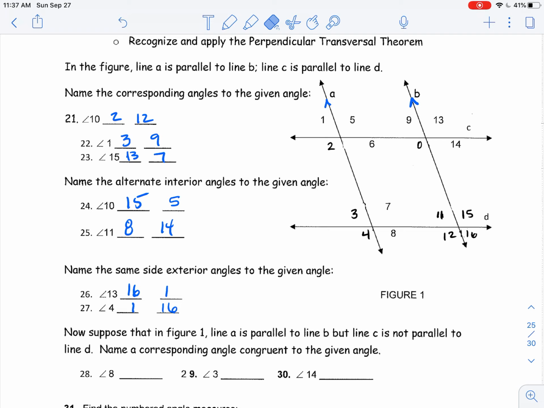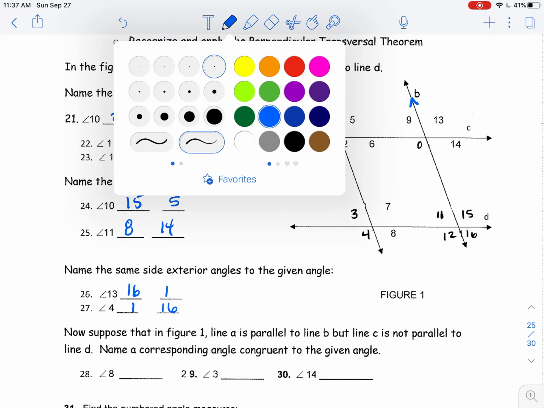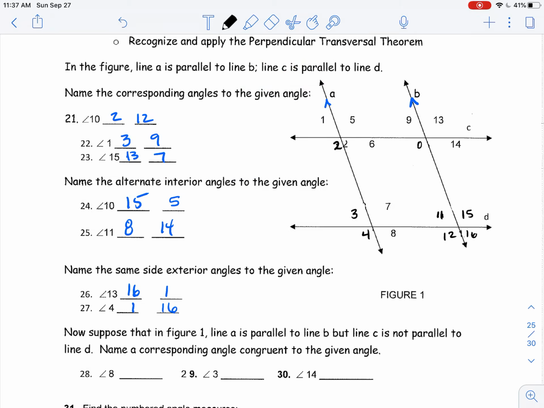Okay, so only lines that are parallel cut by a transversal are going to have congruent angle pairs. So an angle that is going to be corresponding, congruent to angle 8. Angle 8 is right here. That would be angle 16.